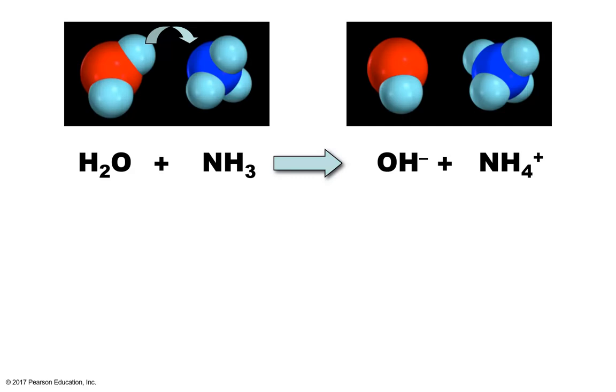A second example. I told you, Vanessa, I had many examples here. We have H2O and NH3. What's the common name for H2O? Water. What would its standard name be? Yep, dihydrogen monoxide.